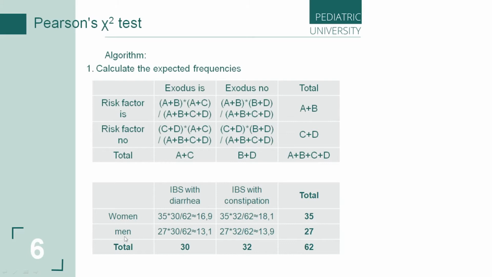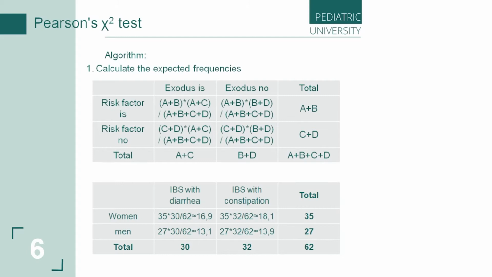And the last, men with constipation. So, 27, C plus D, multiplied by B plus D, which is 32, and divided by the total, 62. The result is 13.9. And these turned out to be the approximate expected frequencies.